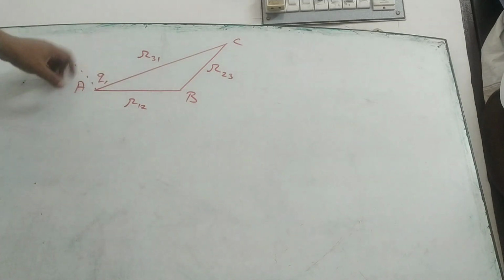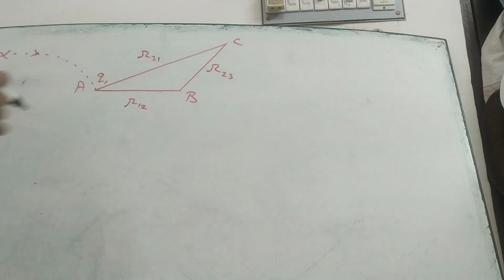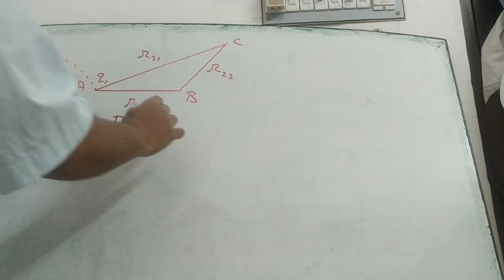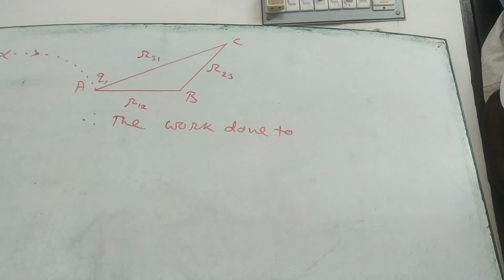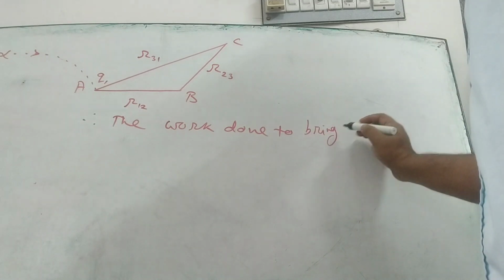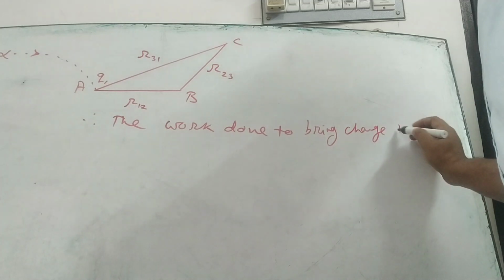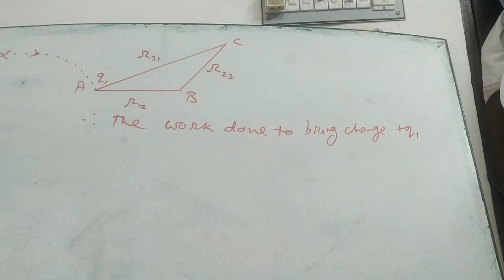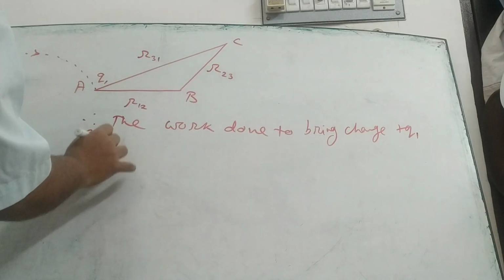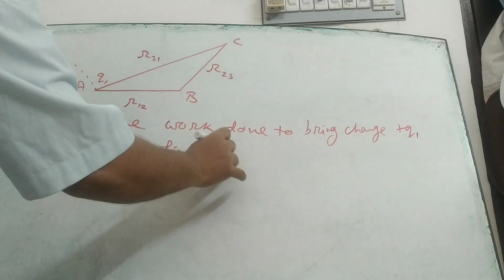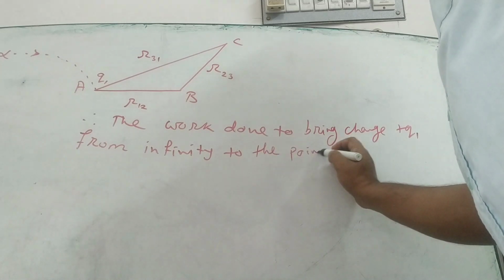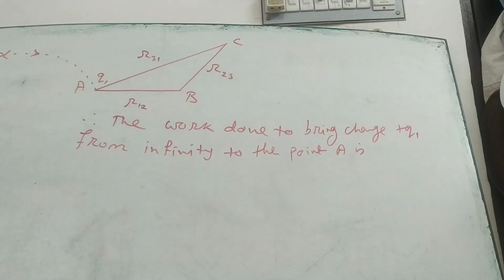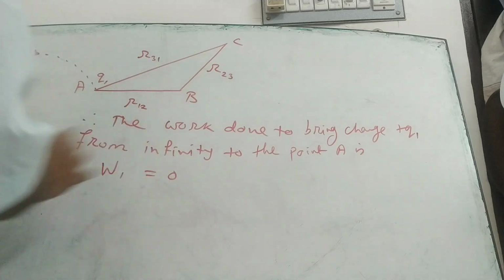That's why there is no work done to bring the charge q1 from infinity to that point A. Therefore, the work done to bring charge plus q1 from infinity to the point A is W1 equal to 0.